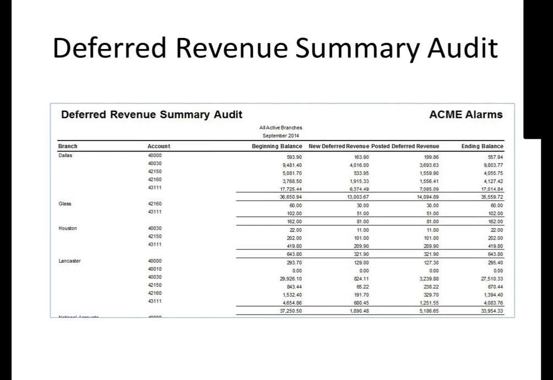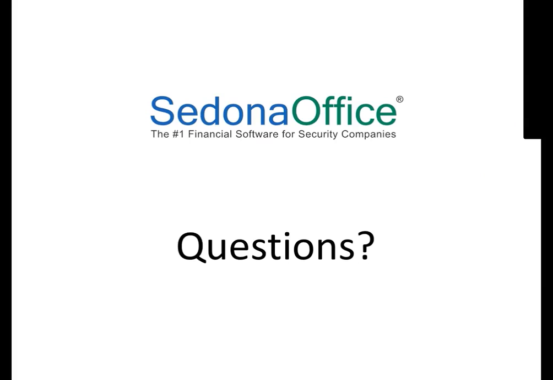It's also showing you all the posted deferred revenue when you post your deferred revenue, and then it will give you your ending balance. The GL account that it's showing you here is actually the GL account that the income is ultimately going to be posted into. And when you run this report, you could run it either by GL account or by item code to see what that is.